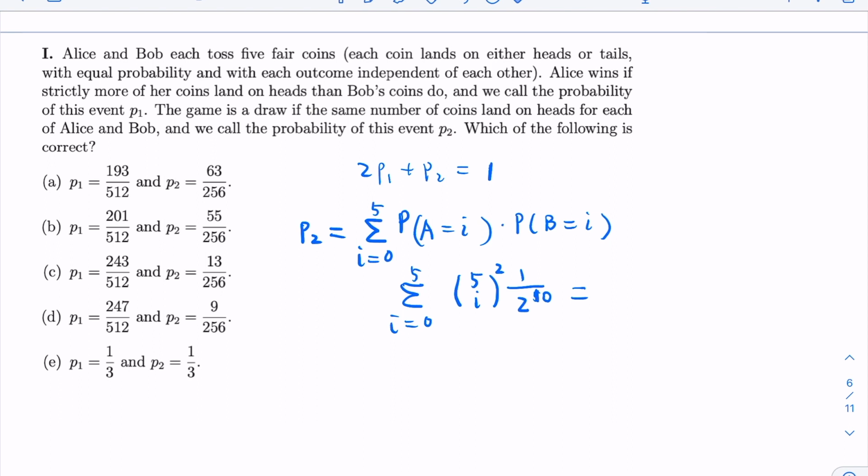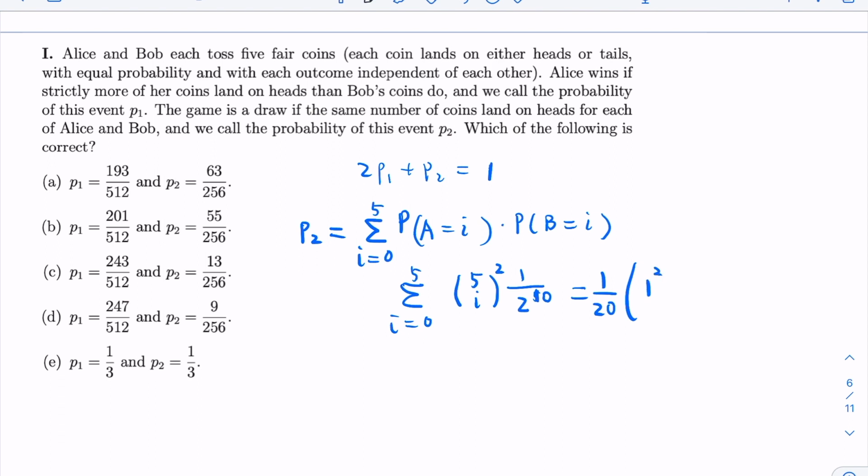So we have a constant which is 1 over 20, and here is going to be the square of the binomial coefficient for the 5i, right?